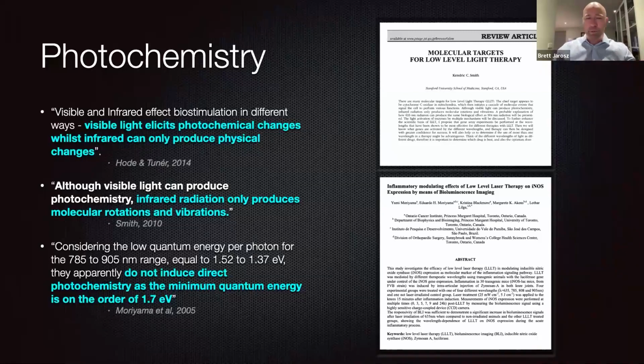So visible and infrared affect biostimulation in different ways. The visible light elicits photochemical changes, whilst infrared can only produce physical changes. Although visible light can produce photochemistry, infrared radiation only produces molecular rotations and vibrations. So think of it like a microwave.